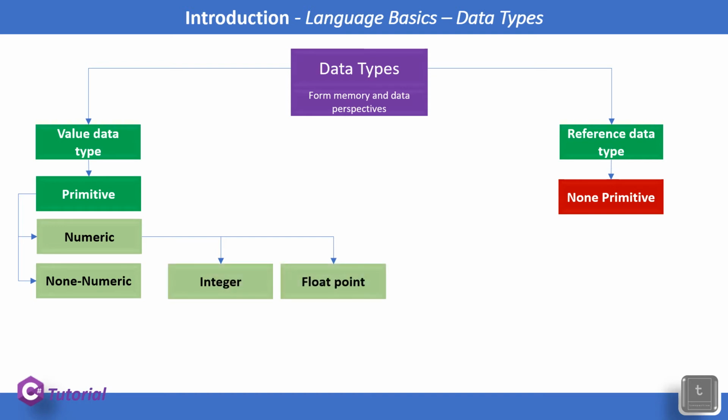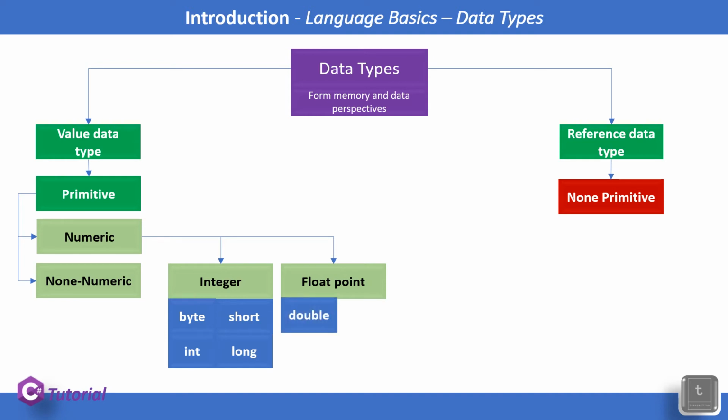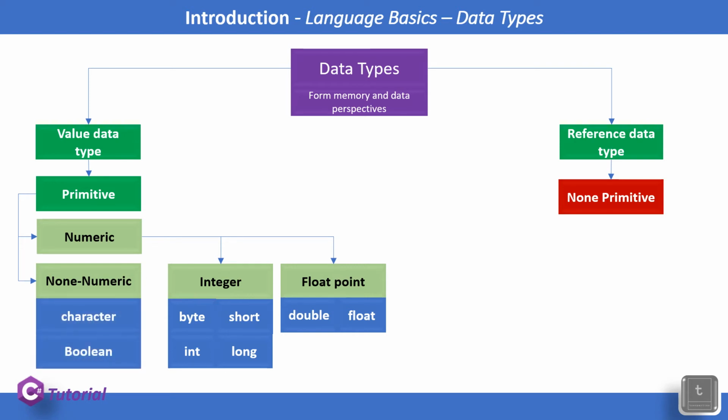The integer has four subcategories: byte, int, short, and long. The floating point has two types: double and float. Then we can see the non-numeric type, where we have character and Boolean, which is true and false. Then we come to the non-primitive type, where we have strings, arrays, and user-defined data types.